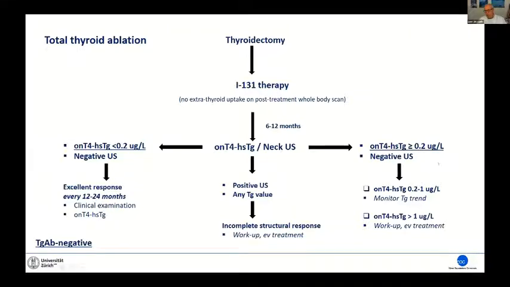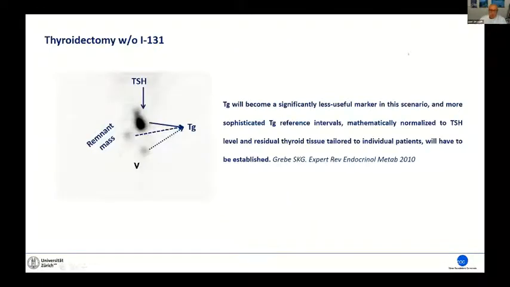Patients with detectable thyroglobulin can be monitored, especially those with intermediate response, so thyroglobulin less than 1 microgram per liter. Patients with higher levels can be evaluated by additional imaging. The situation changed a little bit in cases of patients treated with total thyroidectomy without thyroid ablation.